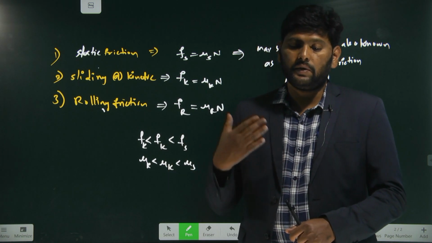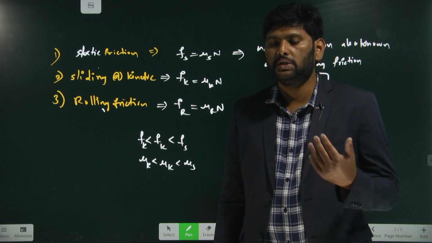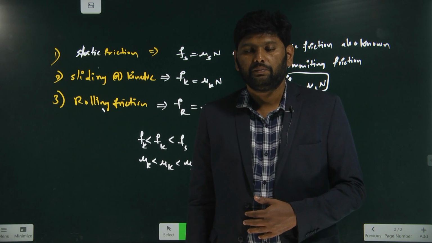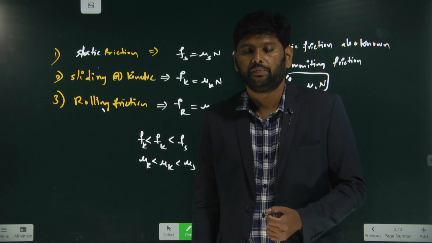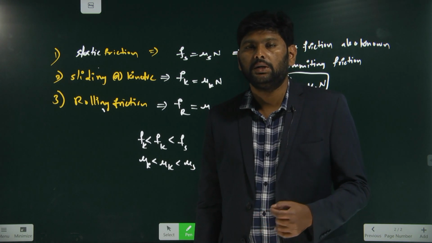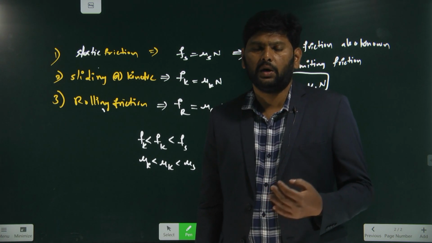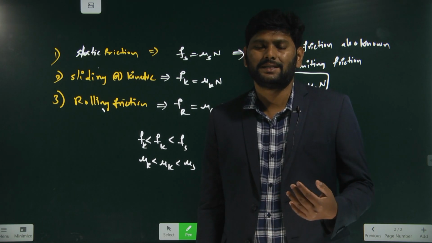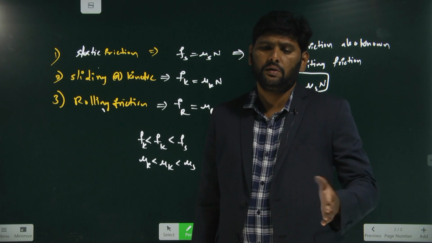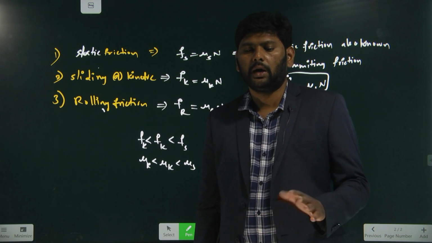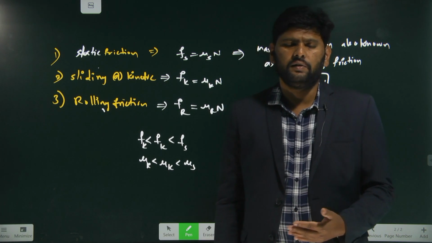At the same time, disadvantages also happen because of friction. Because of friction, machineries get wear and tear, and it also produces heat energy. Due to that heat energy, the machineries get damaged when they are working. So that is the disadvantage of friction. Like a coin has two sides, friction also has both sides, advantages and disadvantages.